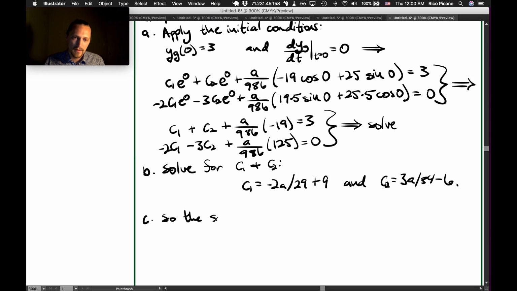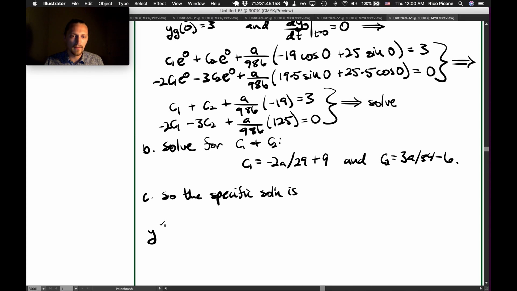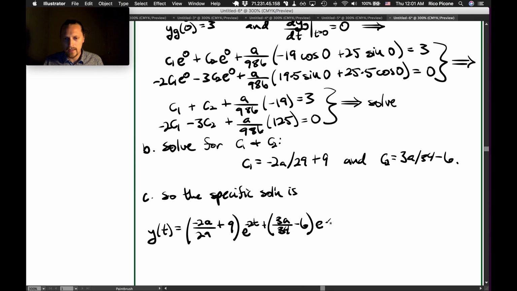So the specific solution is, in all its glory, even though we've essentially fully defined it at this point, y of t equals C1, which is negative 2A over 29 plus 9, times e to the negative 2t plus 3A over 34 minus 6 e to the minus 3t.